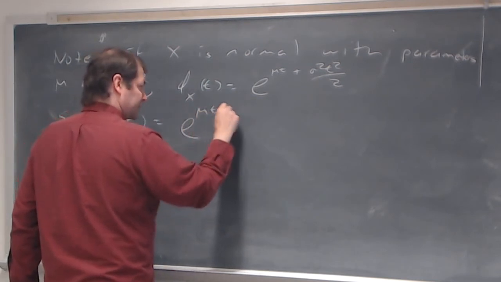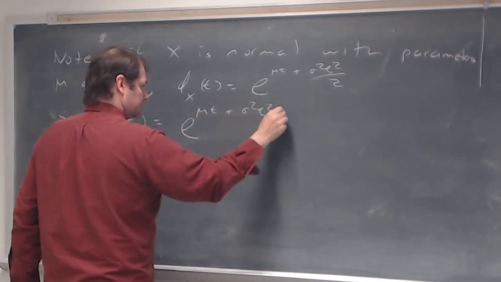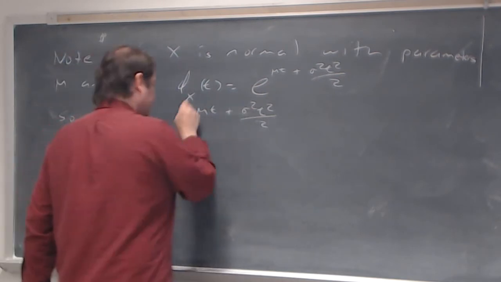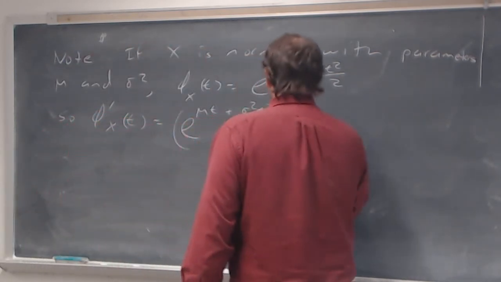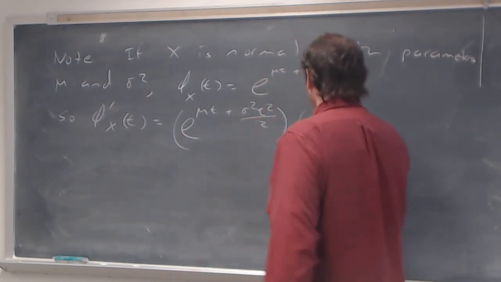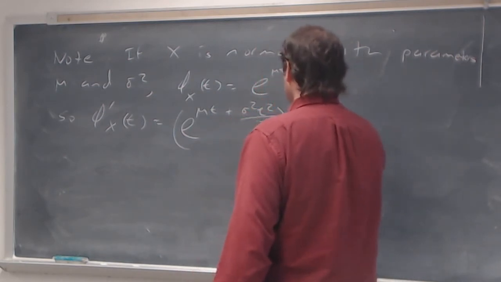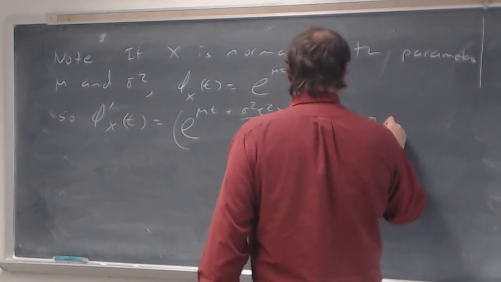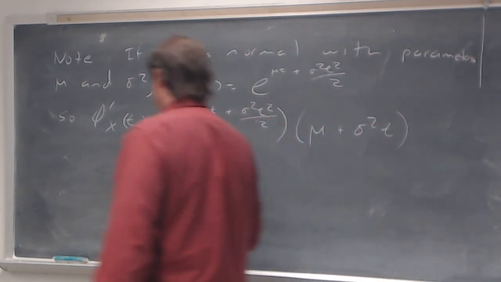So if we take this moment generating function's derivative with respect to t, we get e to the mu t plus sigma squared t squared over 2, times the derivative of the power. The derivative of the power would be mu plus sigma squared over 2 times 2t, so that's mu plus sigma squared t.